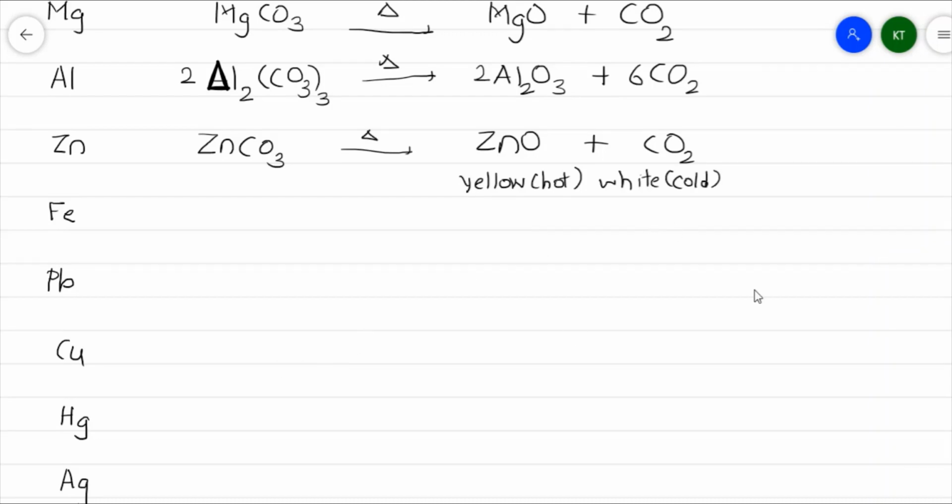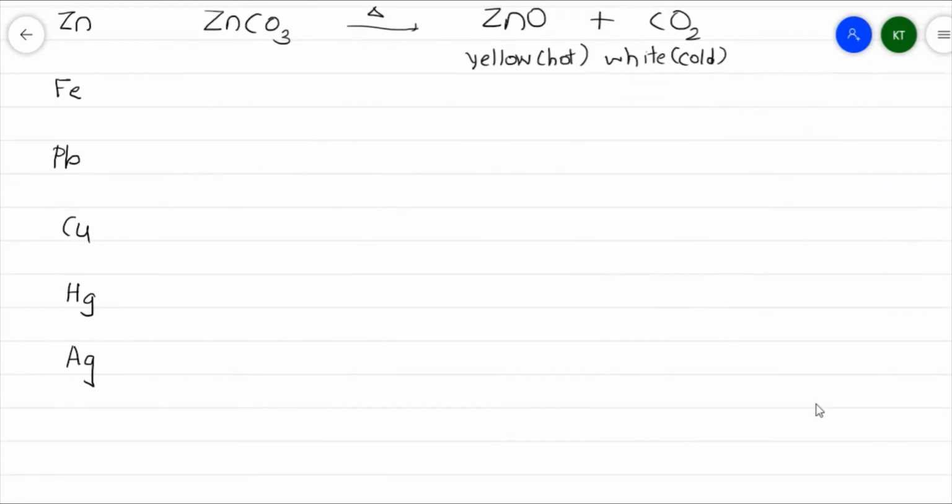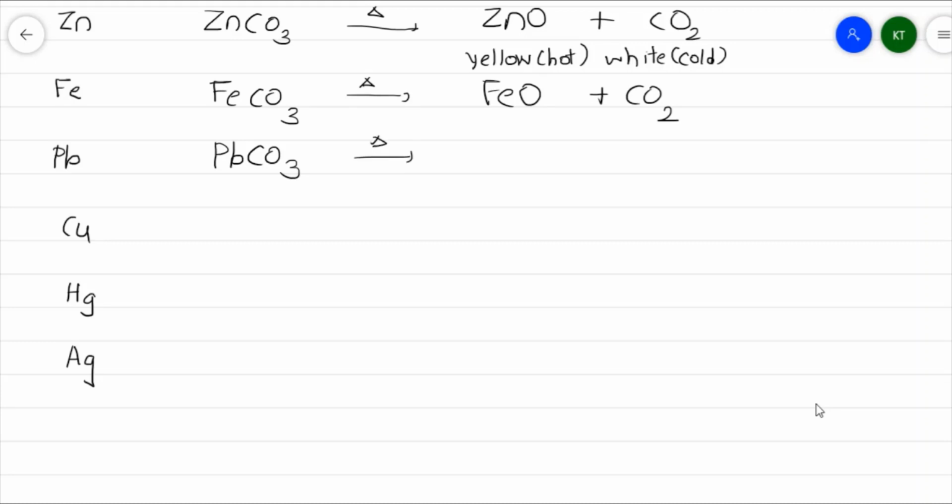Okay. Next we have the carbonate of iron, that is FeCO3. If I heat FeCO3, I get FeO, that's ferrous oxide, plus carbon dioxide. Then lead carbonate, PbCO3, when heated, gives me PbO, yellow litharge, plus carbon dioxide.